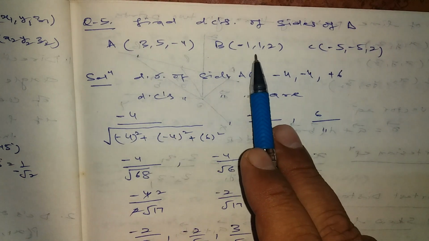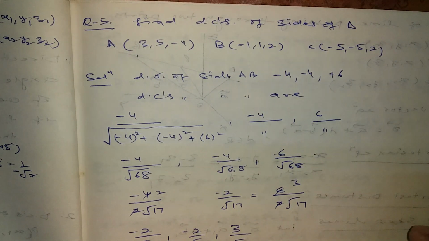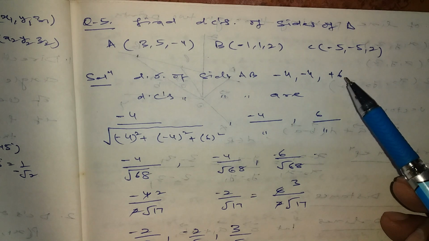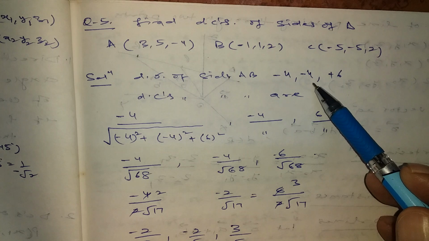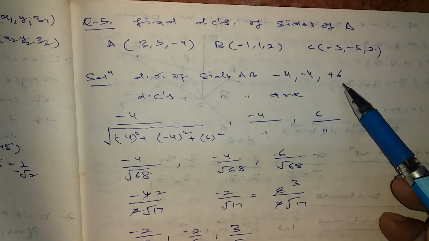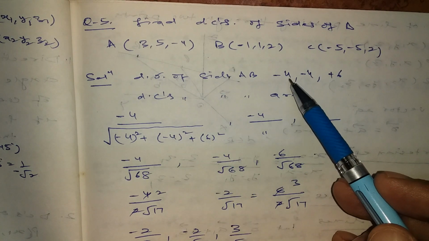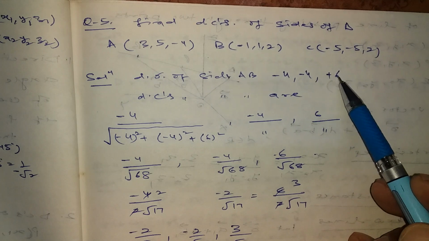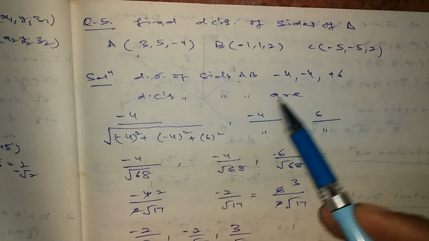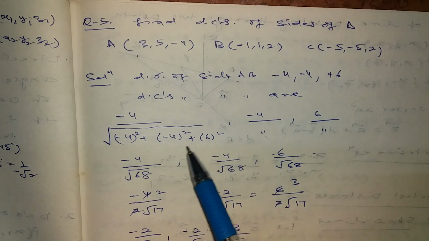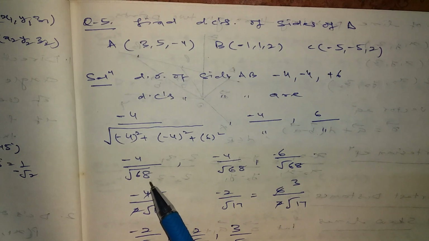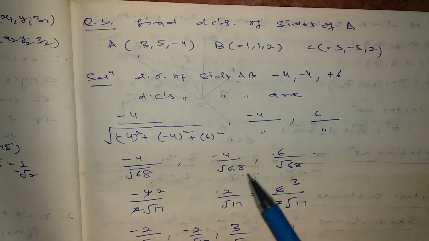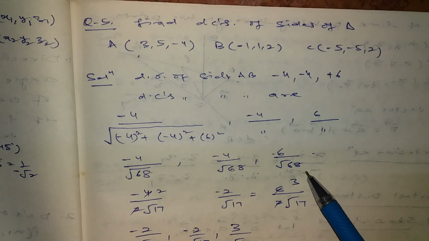Direction cosines of AB are -4, -4 and 6. So what will the direction cosines be? -4 upon under root of the sum of the squares, -4 upon the same, 6 upon the same. So this is -4 over under root 68, -4 over under root 68, 6 over under root 68.